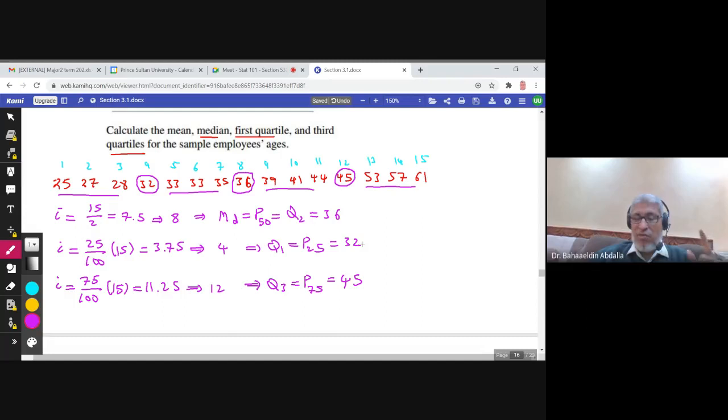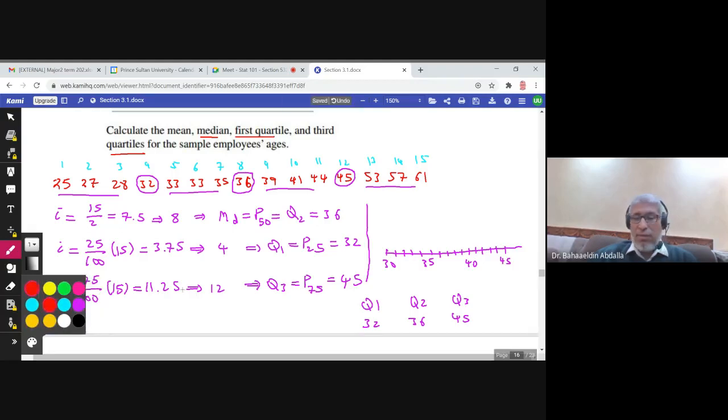Notice something very important. Now, Q1 is 32. Q2 is 36. Q3 is 45. So if you put them on a number line, say this is 30, 31, 32, 33, 34, 35, 36, 37, 38, 39, 40, 41, 42, 43, 44, 45.